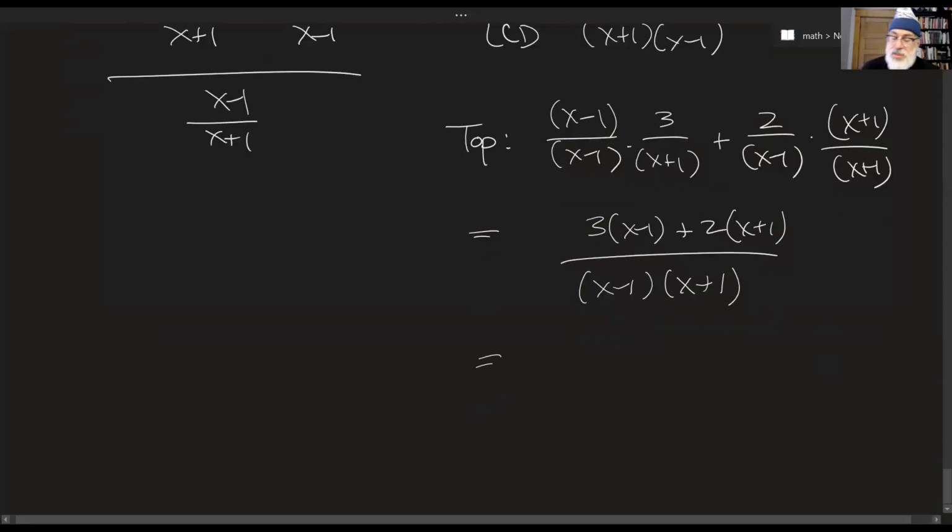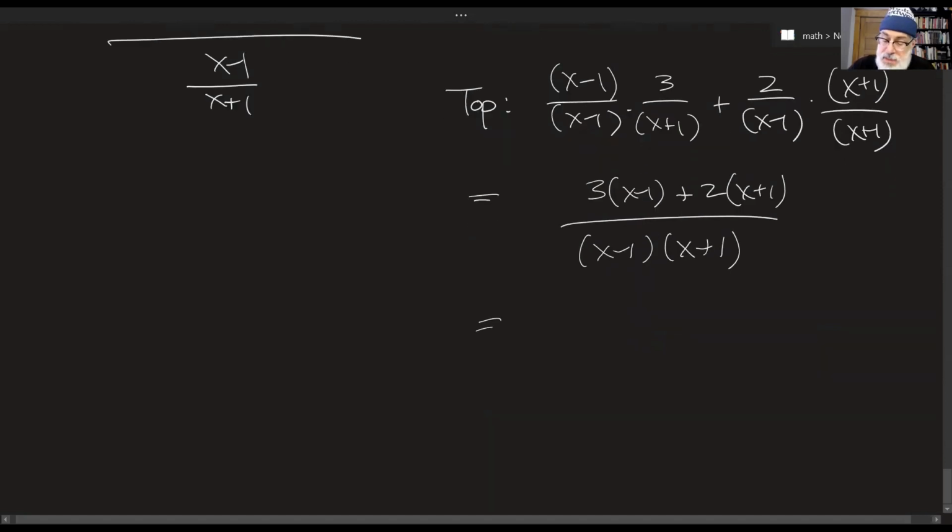Let's leave it as 3 times x minus 1 plus 2 times x plus 1, and then put this all under, or above rather, the x minus 1 times x plus 1. And the reason we're doing that is because I see I have a lot of x plus 1s and x minus 1s here. So it's possible that there's some stuff that's going to cancel.